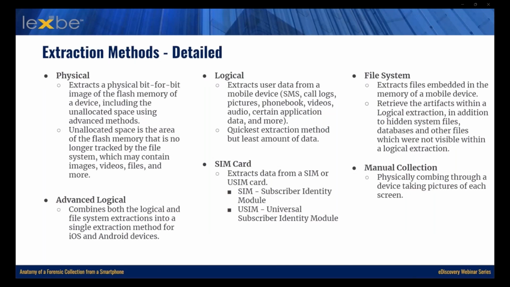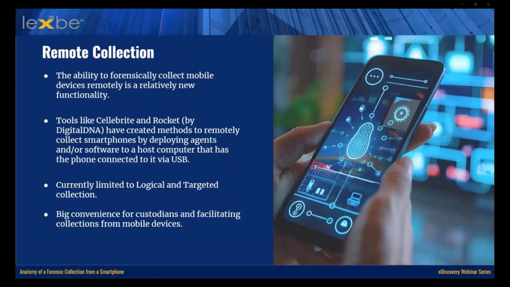Now, when it comes to remote collections, the ability to forensically collect mobile devices remotely is relatively new in the field. It was kind of a big struggle to figure out how these forensic companies can get the data off your phone remotely.